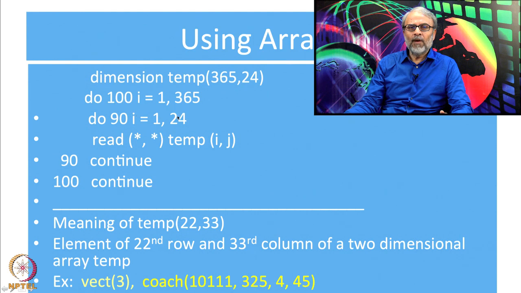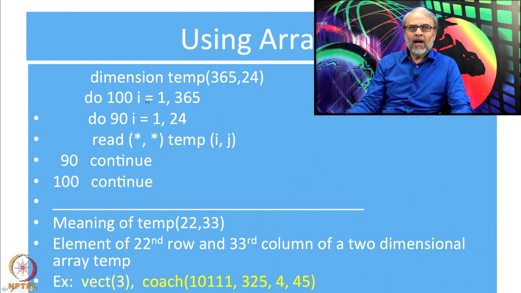Then once J does 1 to 24, it will go to 100, then I will increment. Then again J goes from 1 to 24, and I will be incremented. So, these two do loops allow me to read those values of temperature for 365 days and 24 hours.